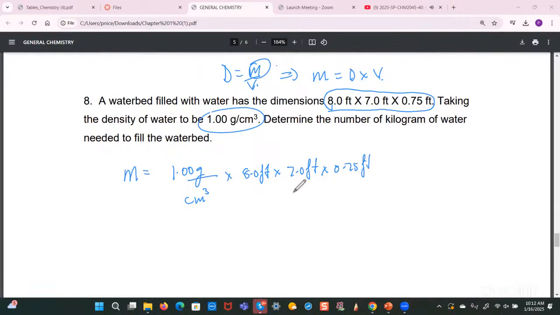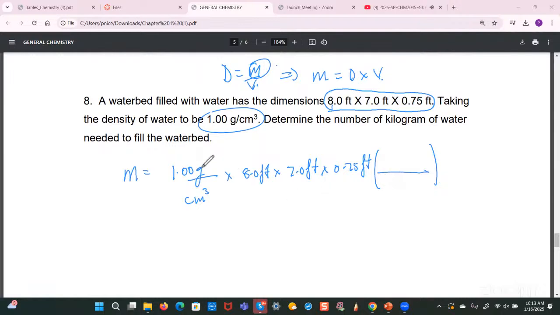Now you'll notice that down here you have the volume expressed in centimeters cubed, and the result of multiplying feet by feet by feet will give you feet cubed. So we have to do some conversion here. I would say the most convenient way is to convert feet cubed to centimeters cubed.